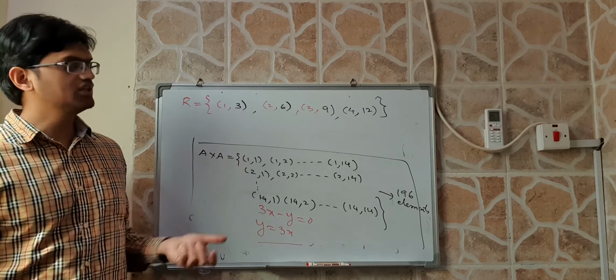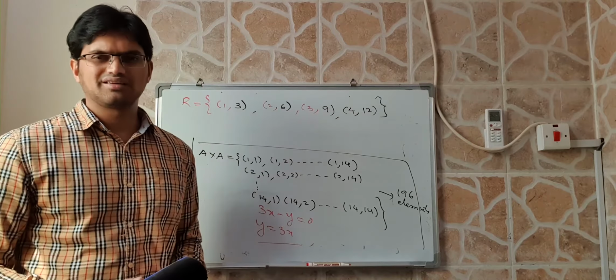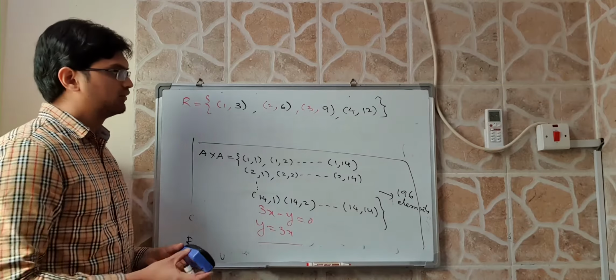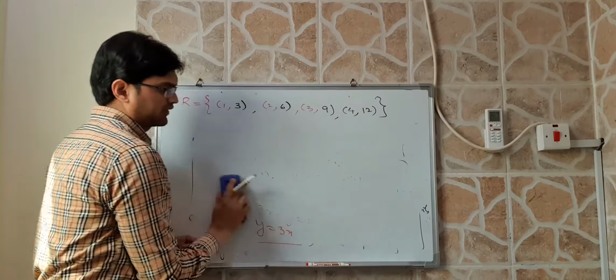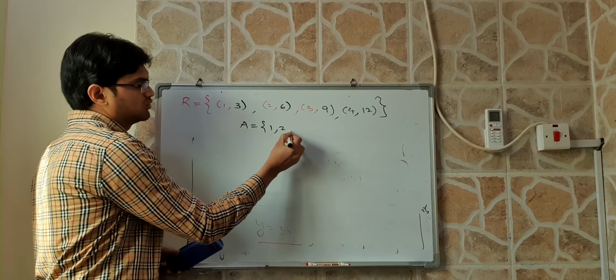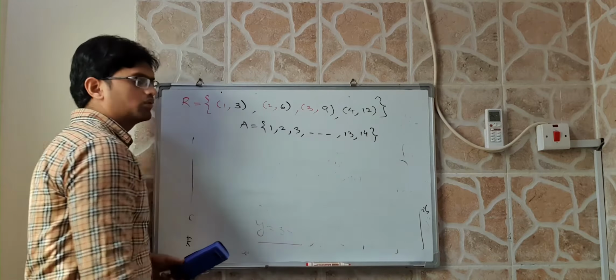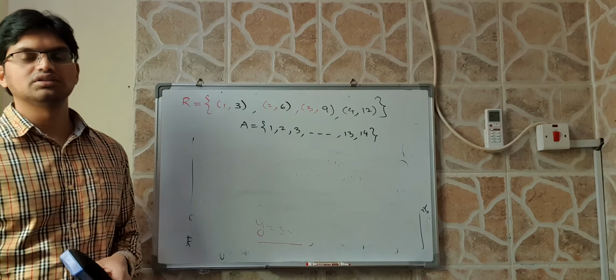Now I have to check whether this relation is an equivalence relation, so I will check all three properties. First, let me write the set A: 1, 2, 3 and so on till 13 and 14. What was the definition of reflexive which we have learned?